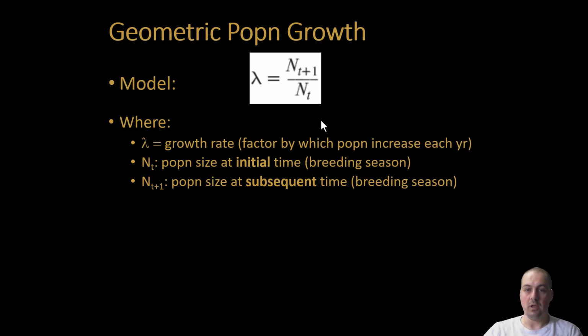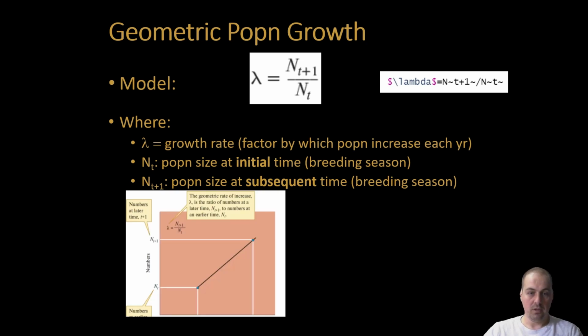Nt+1 is your population size at the following or subsequent breeding season. So I'll just show you what this formula looks like in our code. This is it here. You'll see that in our script.